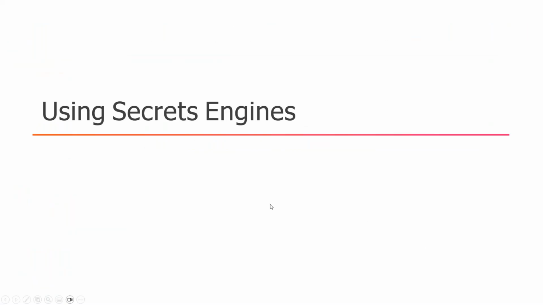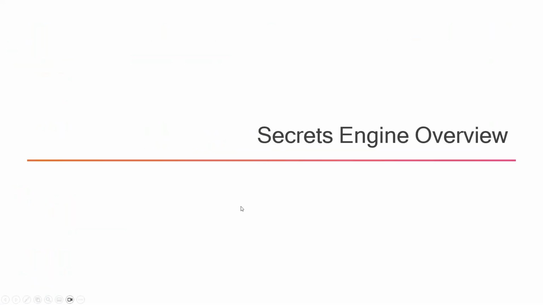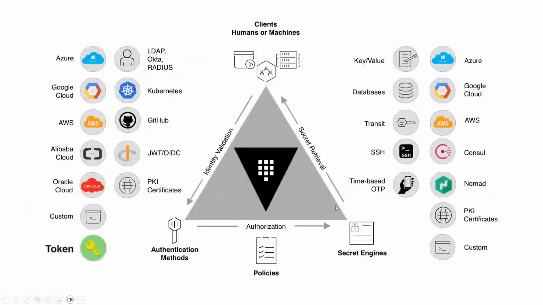Okay, so now we are going to discuss the secret engine. Look at this image, a very good one. We discussed different types of authentication methods, including token, AppRole, and password based. And then we discussed how authorization works using policies.